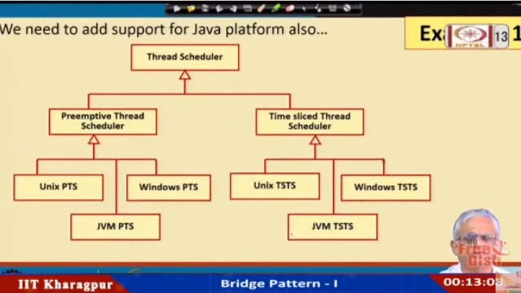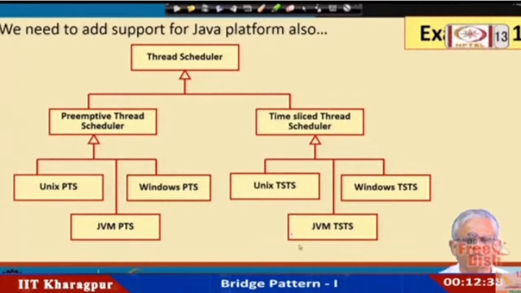And once we tried to support the Java platform, we saw that we not only should have a Java JVM preemptive thread scheduler, but also the JVM time sliced thread scheduler. So the hierarchy becomes more and more complex as new changes occur to either the abstraction or the implementation concepts.